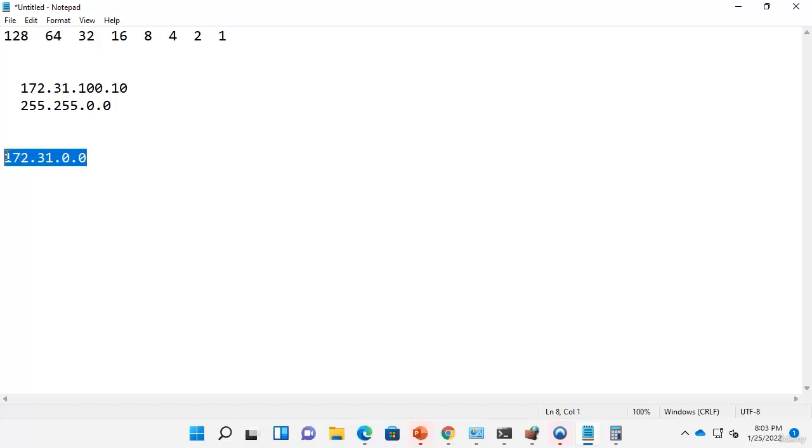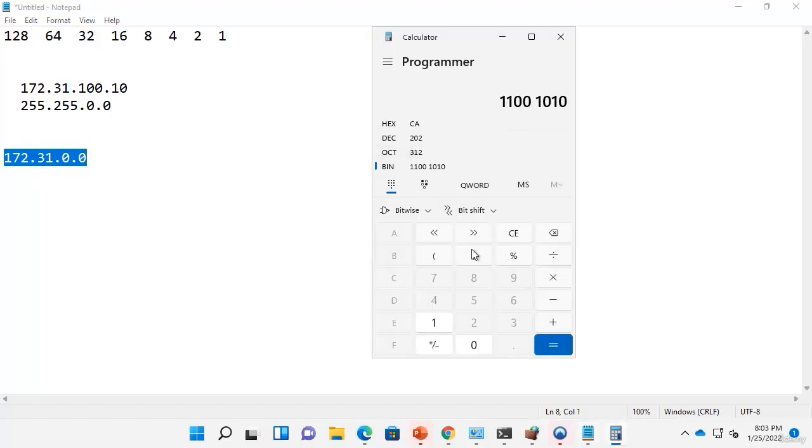Now, how is that actually done? Well, it's done by converting these into binary. So let's make this easier here. In decimal, we'll say 172. Again, you can just look at what it is in binary. So I'm going to convert that 1010.